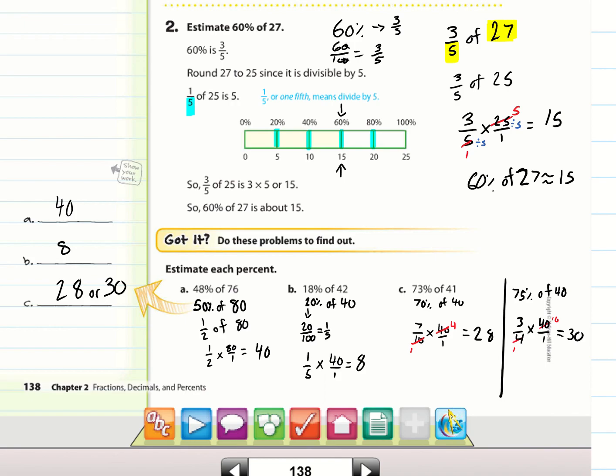So I have 1/5 times 40 over 1, and that's going to give me 8. Now for C, I actually did two different ways because I know, since we're estimating, I know the book answers here. For my class, I'm going to say this is an acceptable answer.